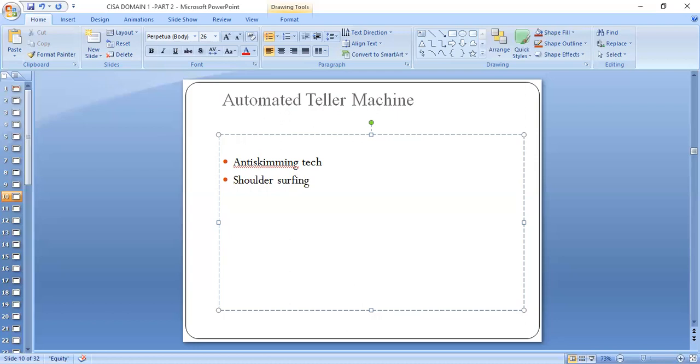So do they have controls for that on the ATM? Okay, and of course, the same way reconciliation is very important here, right? I've seen a lot of challenges here for many organizations. Reconciliations are very important for automated teller machines. So the auditor will also be checking for controls like that.